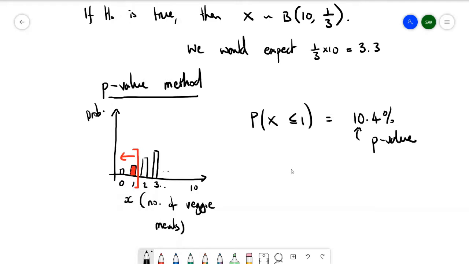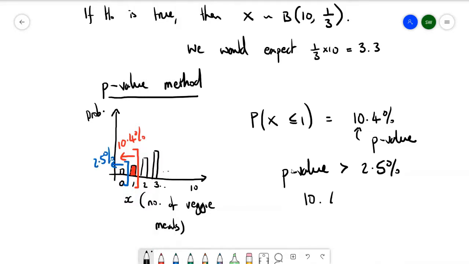And now our significance level is 2.5% because we've halved it. So because our p-value is greater than 2.5%, that means we're not in the left 2.5% of the distribution. Because if you think about it, if we've got 10.4% at one or to the left, then 2.5% has to be to the left of where we are.